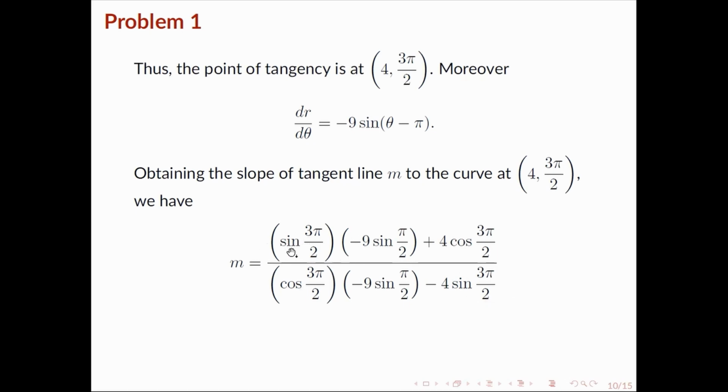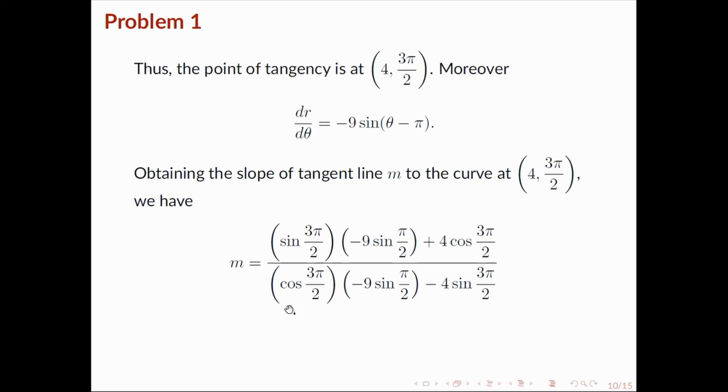Simplifying this, sine of 3 pi over 2 is equal to negative 1. Negative 9 multiplied by sine of pi over 2 is equal to negative 9. So you have negative 1 times negative 9, that is 9. And cosine of 3 pi over 2 is 0. So you have 9 in the numerator.